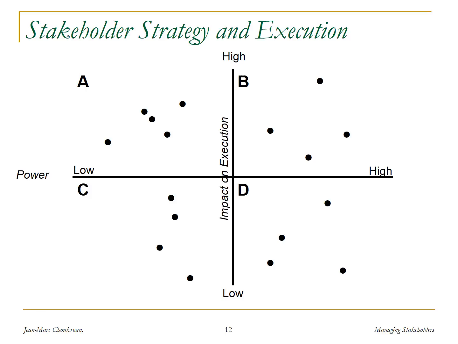No, I'm sorry, the top left. The nurses were in group A. Low power, but high impact on execution. They were not consulted, or at least just marginally consulted, and therefore the outcome of the project, even though it was a good design from a conceptual standpoint, was not executable in the context of that hospital.